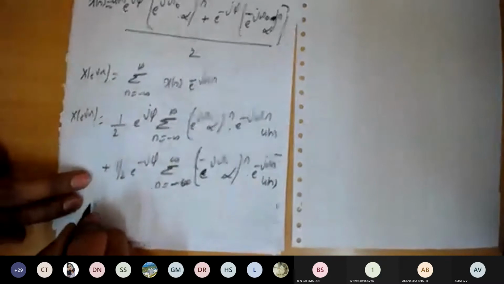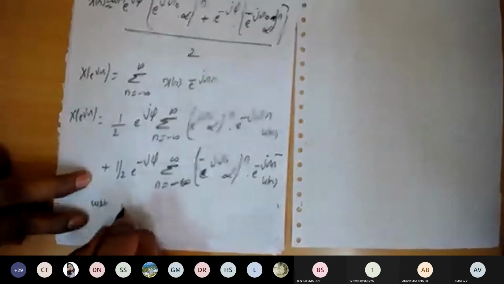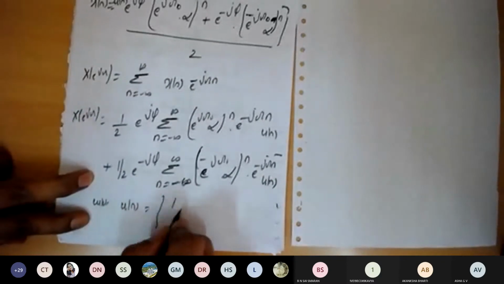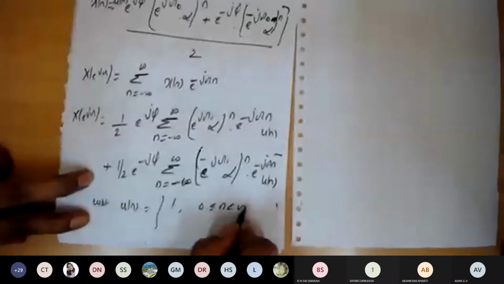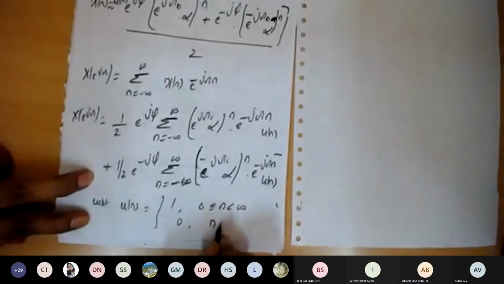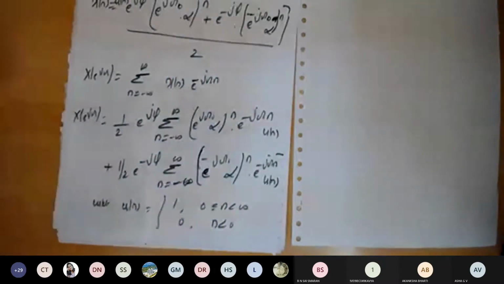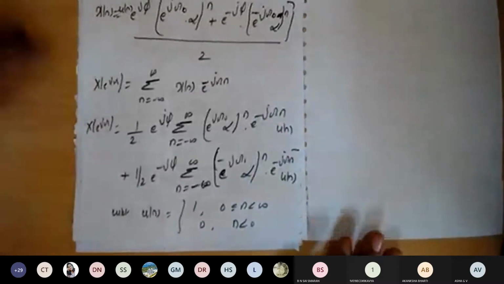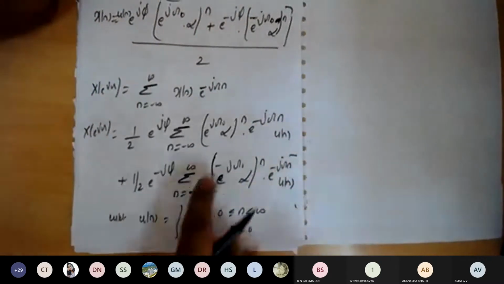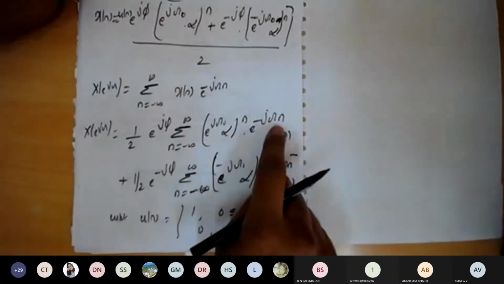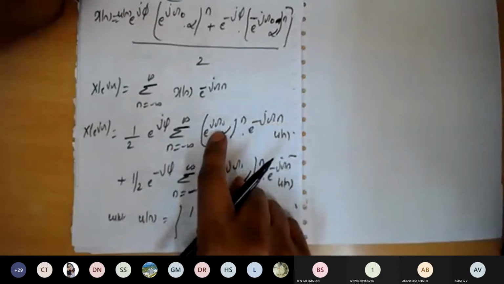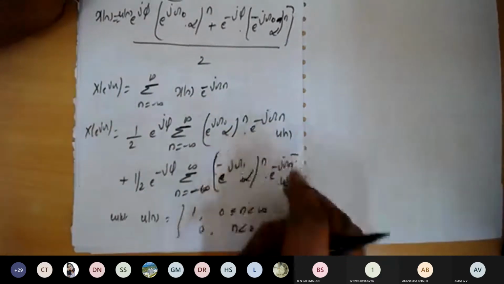We know that u of n is 1 for 0 less than or equal to n less than infinity, and 0 for n less than 0. So now we'll replace the limit. In the meantime, let us take n common among these and apply the corresponding terms.